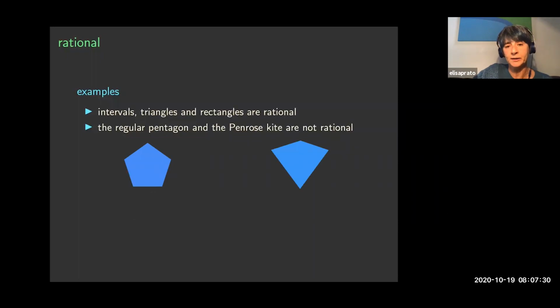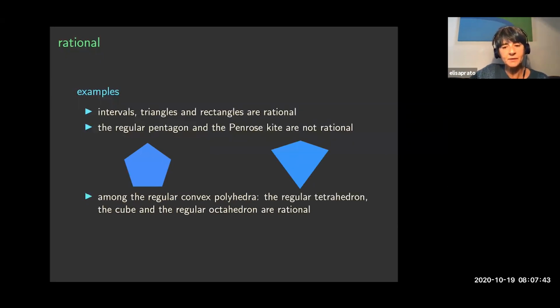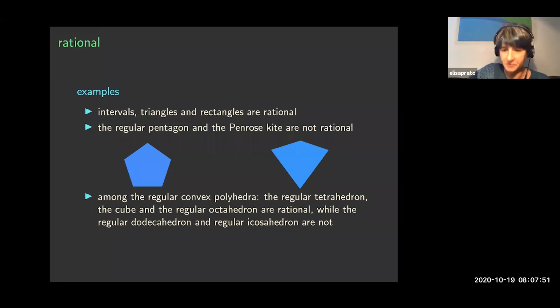I will be coming back to the Penrose kite later and discuss this example in more detail. And among the regular convex polyhedra, the tetrahedron, the cube, and the octahedron are rational, but the dodecahedron and the icosahedron are not.